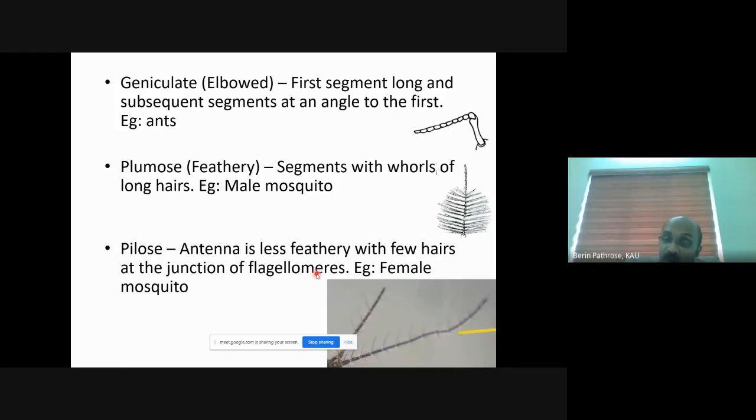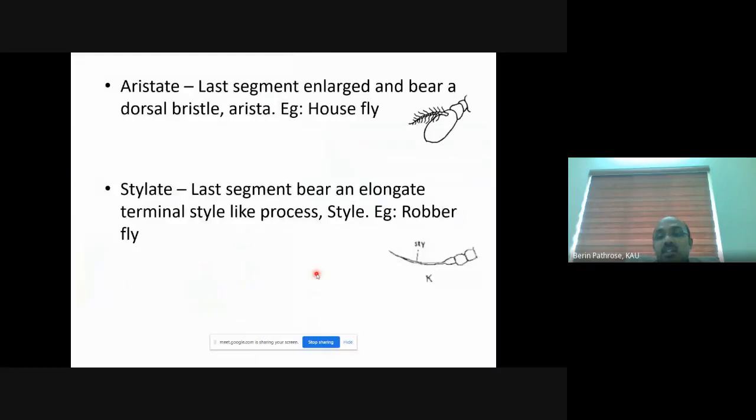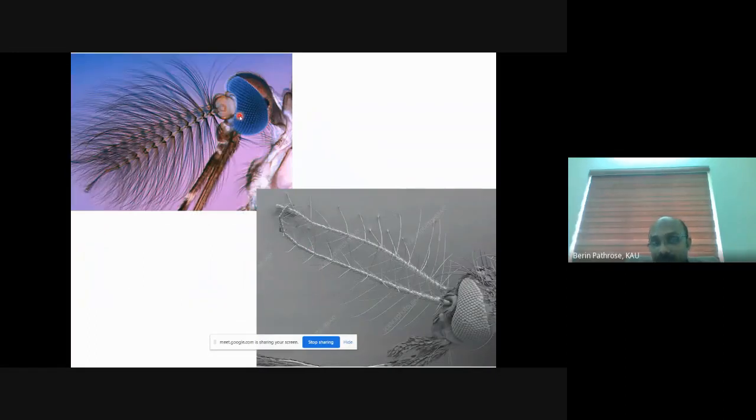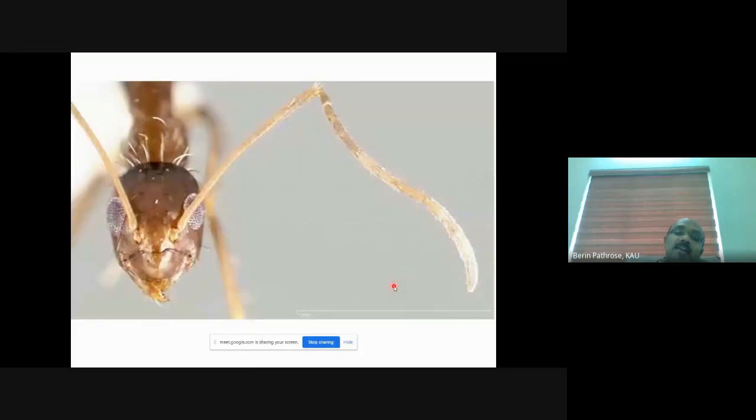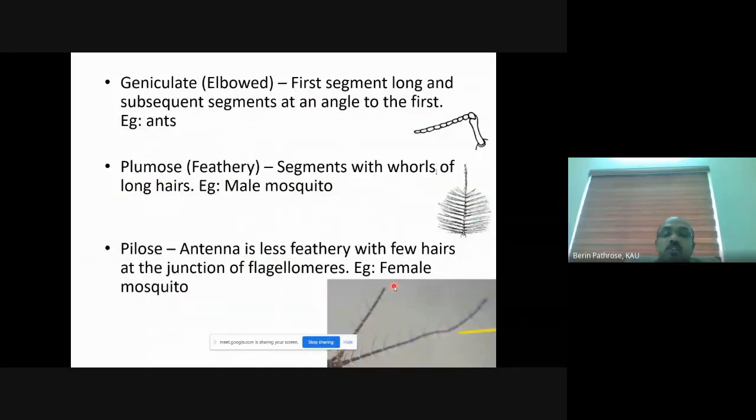That means it has few hairs that we can see over here. The plumose antenna is extremely hairy in the case of male mosquitoes. In pilose antenna, the number of hairs is extremely less in the case of female mosquitoes. So that's the antenna modification in the case of male and female mosquito.